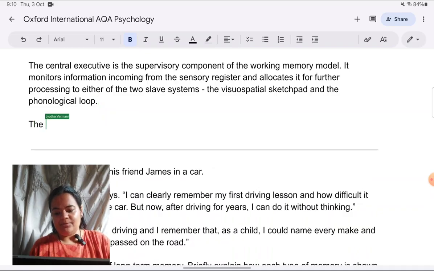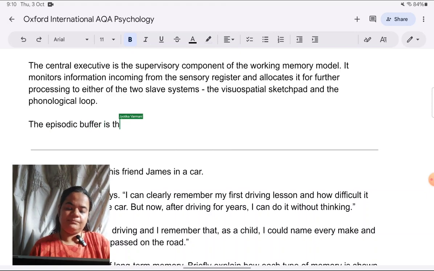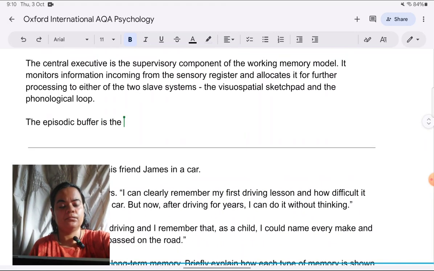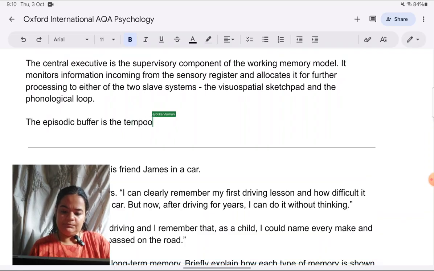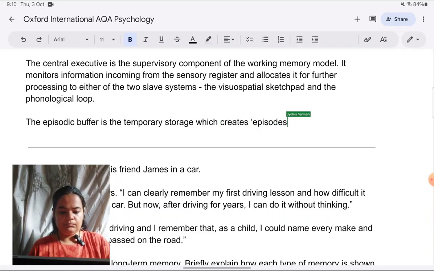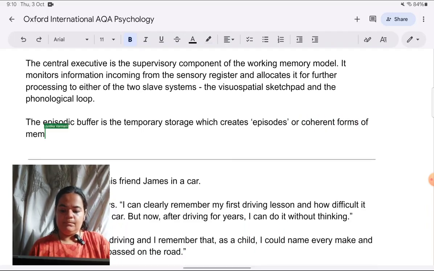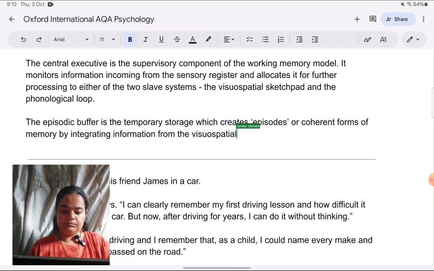The episodic buffer is the temporary storage which creates episodes or coherent forms of memory by integrating information from the visuospatial sketchpad and the phonological loop.